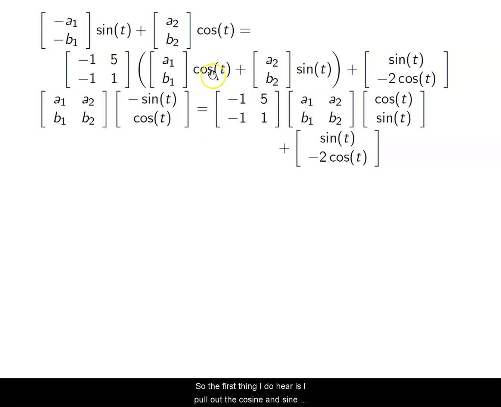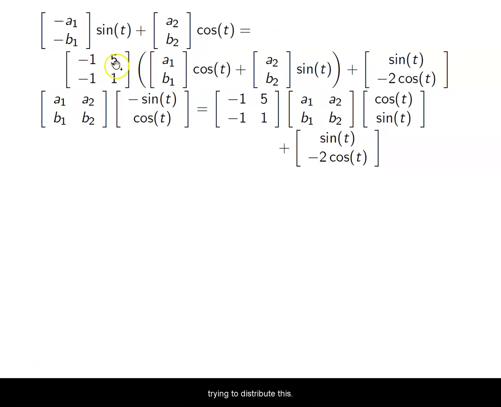Okay, so we'll do that slowly. The first thing I do here is I pull out the cosine and sine, and this a1, b1, a2, b2, and I turn it into its own multiplication problem, right? If I multiply this matrix and this vector, it looks like this form. So again, the more familiar you are with multiplying matrices and vectors, the easier this section is going to be for you.